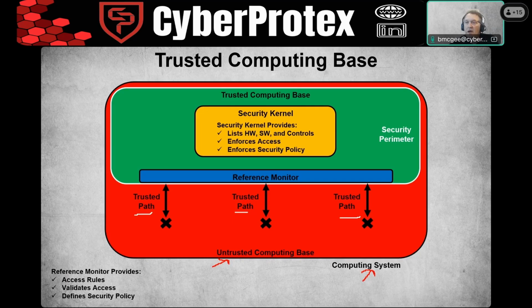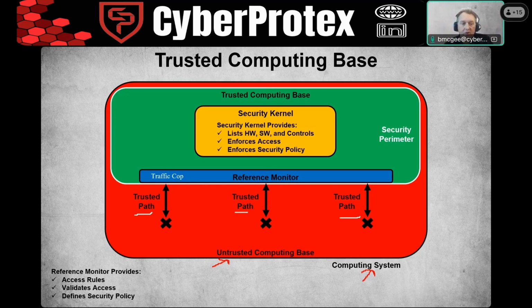The way that I usually teach this is that the reference monitor is like the traffic cop or police officer, right? That person is sitting there directing traffic and says yes or no to whether or not you can come through, gives you the green light to go through: go this way, nope, you can't come in here.